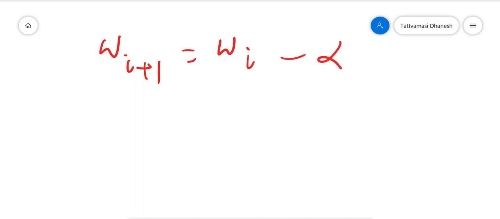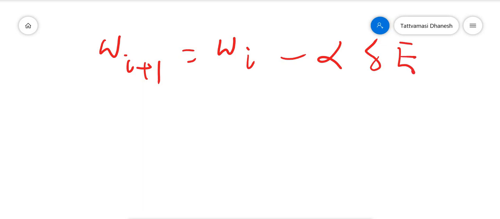Instead of x it would be w of i plus 1, the new w, will be w of i minus alpha into the derivative. Our function is the cost function.